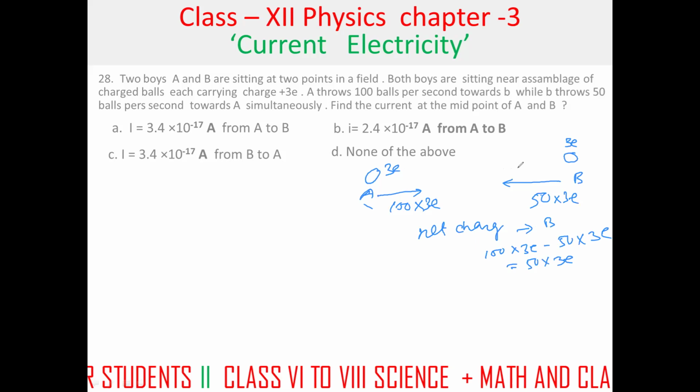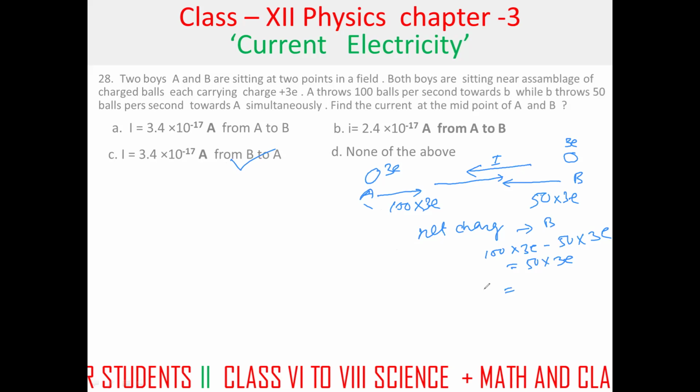That means current will flow from B to A, because the net charge is flowing from A to B. So here you see, these are the possibilities of the answers. Now, what is the amount of current? This kind of charge is flowing per second.